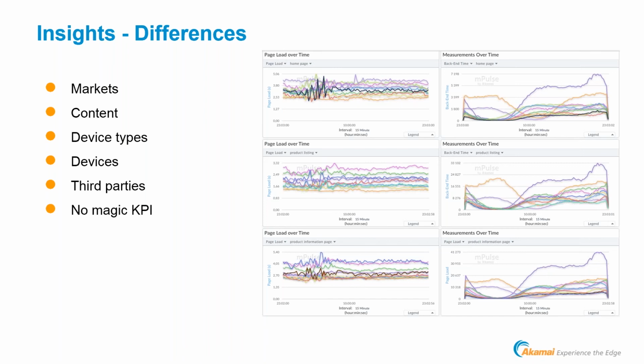In this case, I think there are 10 countries on the slide here, so the different lines compare page load time in different countries. To the right there is traffic per hour, and to the left there is time to load the page. And you can see that there are differences between the different countries.